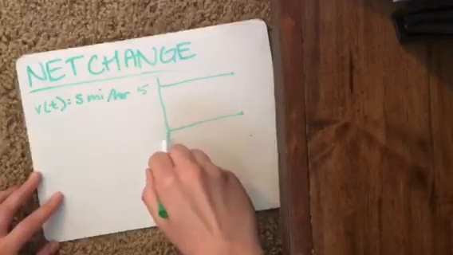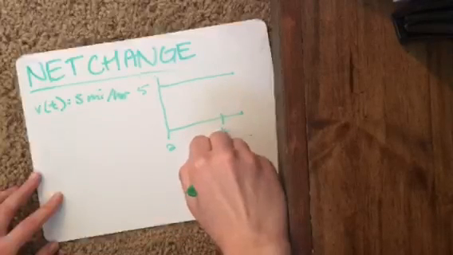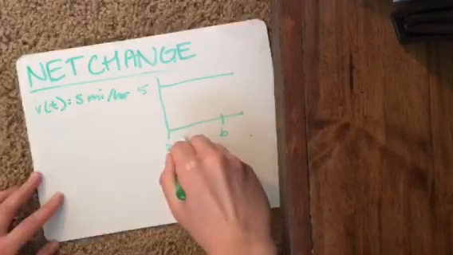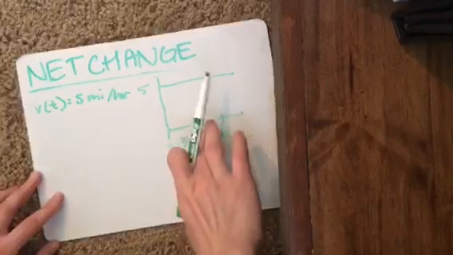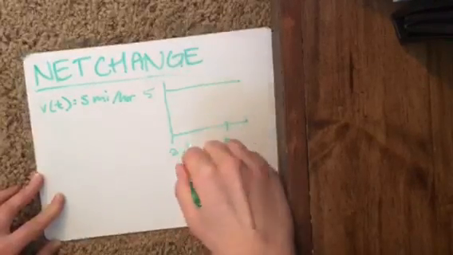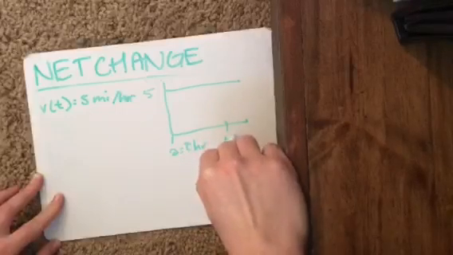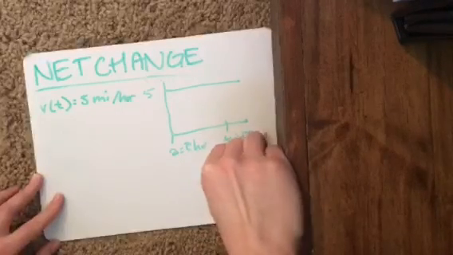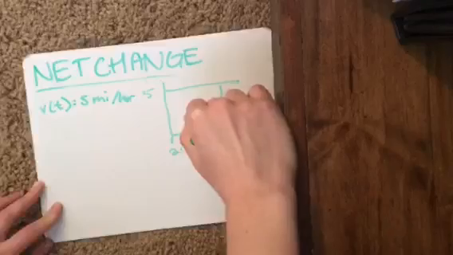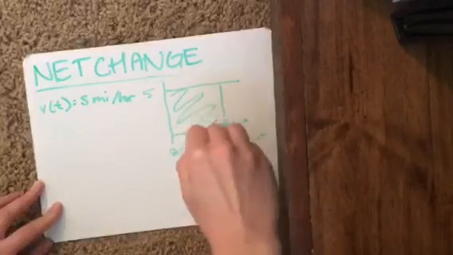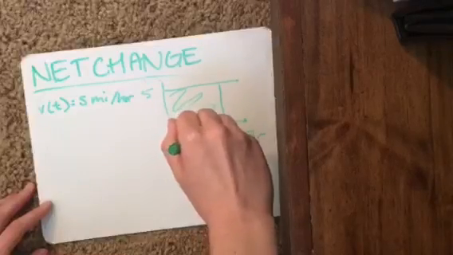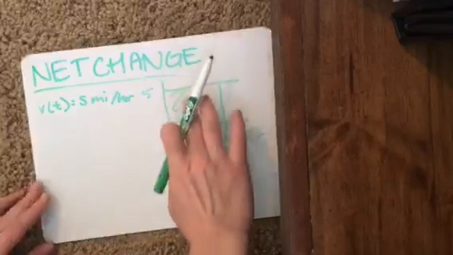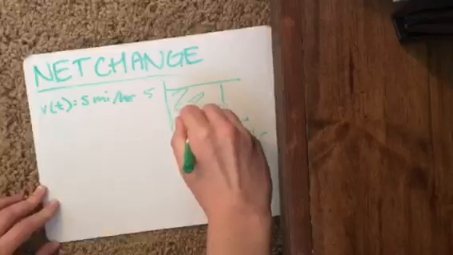And we're going to go from point A to point B, and we'll set this equal to 0 hours, and then we're going to set this equal to 5 hours. So now, we want to find the area underneath here. Since this is 5 and this is 5, it's a simple rectangle, we're able to just multiply that, and we're going to get 25.